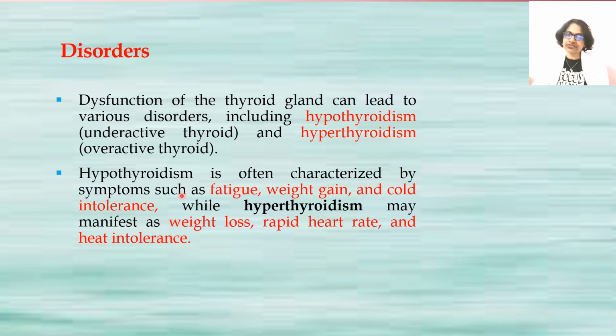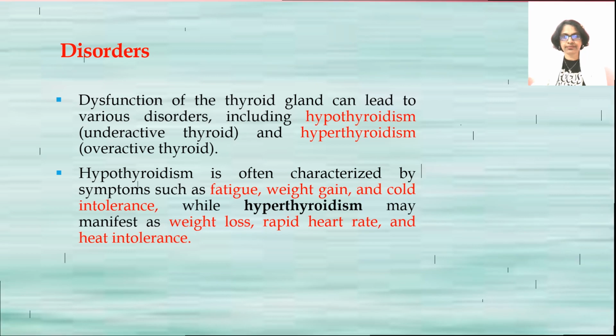So whenever the patient is suffering from hypothyroidism, the most common symptoms are fatigue, weight gain and cold intolerance. Whereas hyperthyroidism is manifested by weight loss, rapid heart rate, heat intolerance.